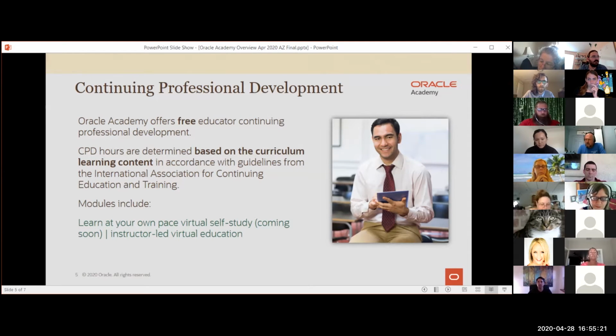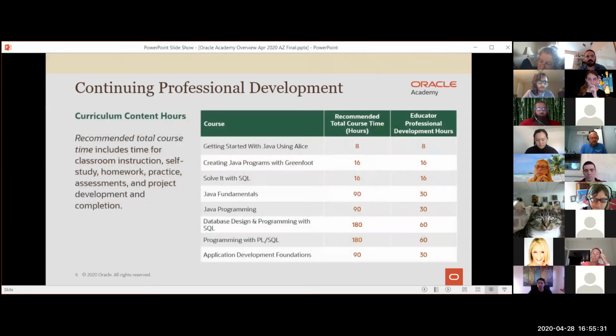Now, the point I'm trying to make here is if you take these courses virtually and complete the courses, you will receive a certificate indicating educator professional development hours, continuing professional development hours. And you can see that on this slide in the far right-hand corner, the amount of hours that equate to finishing those courses virtually, okay?